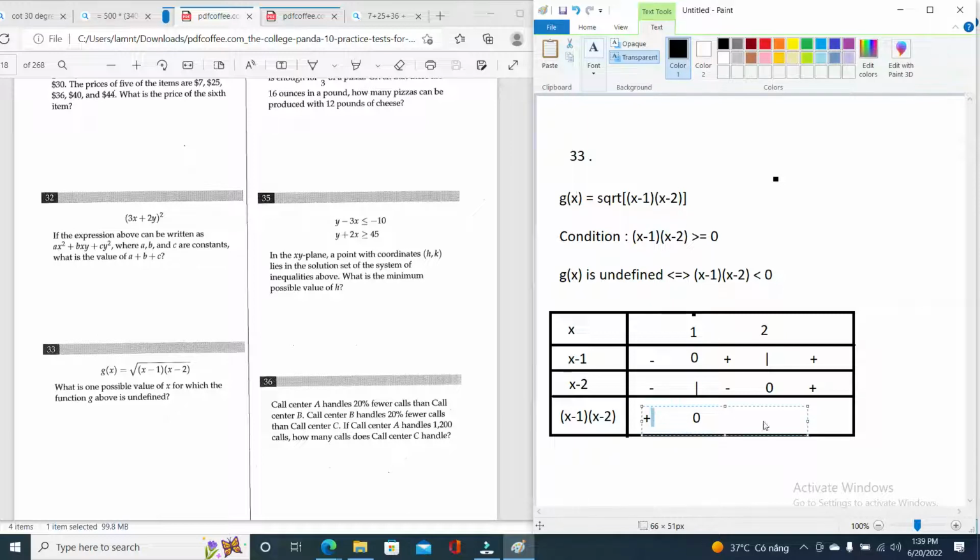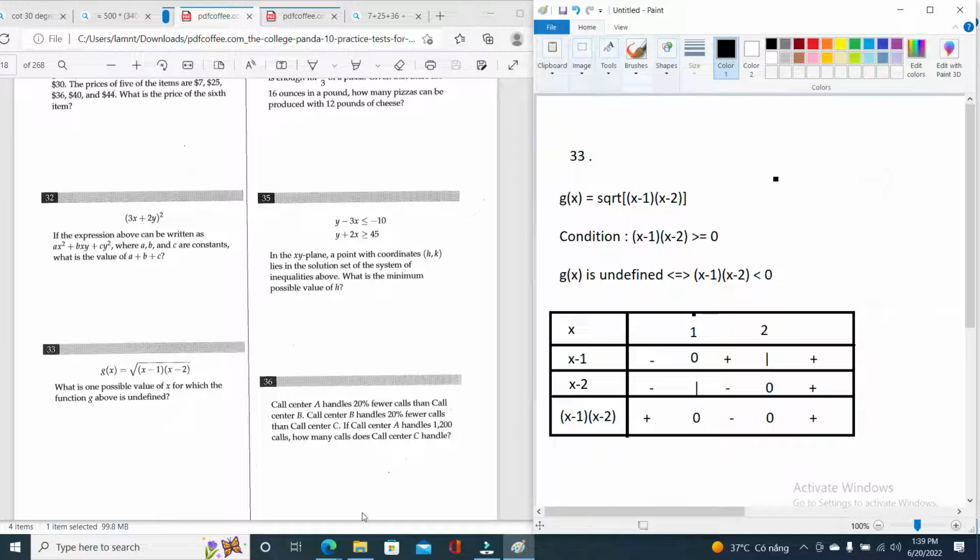Similarly, in the range between 1 and 2, x minus 1 is positive, but x minus 2 is negative, so the product has to be negative. And it is equal to 0 at x equal to 2. And when x is bigger than 2, everything is positive, so the product has to be positive as well, right?